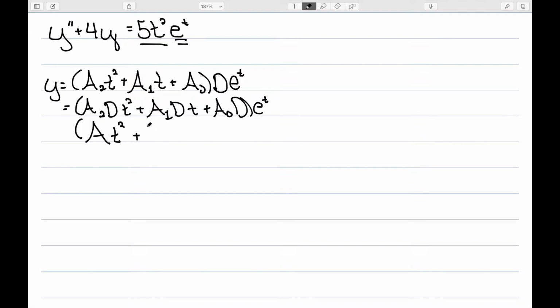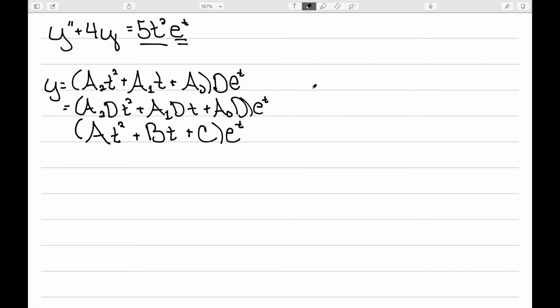Same thing with a1 times d, that's just a constant that I'm going to call b. And a0d is a constant that I'm going to call c times e to the t. So while we should consider all the possible combinations whenever we multiply out our y's, it is very possible that we can simplify it to have fewer terms and fewer coefficients here, fewer unknowns.